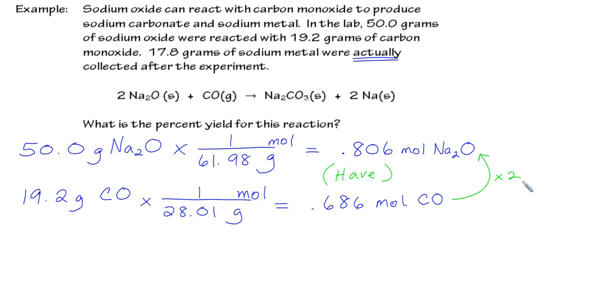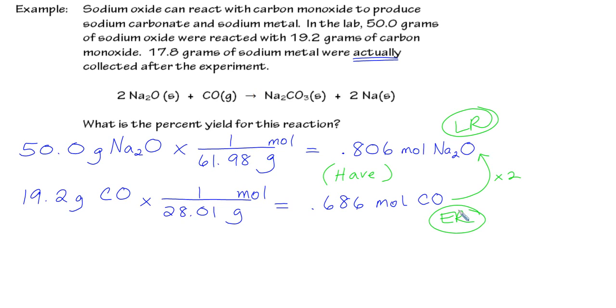However, I think this one is easy enough to do in my head. I don't have anywhere near twice the amount of sodium oxide. Yes, I have more, but not twice as much. Just by estimation, I can tell you that. So without a doubt, this is my limiting reactant, the sodium oxide. The carbon monoxide must be in excess.